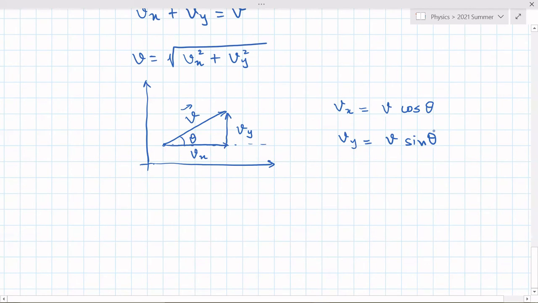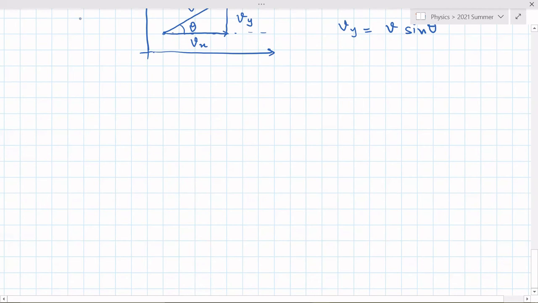Why would we care about components? So let me talk about that. Let's take a simple case. Suppose I have two vectors along the same direction. Let's say the magnitude of A is 3 and the magnitude of B is 2. What do you think the result C is?